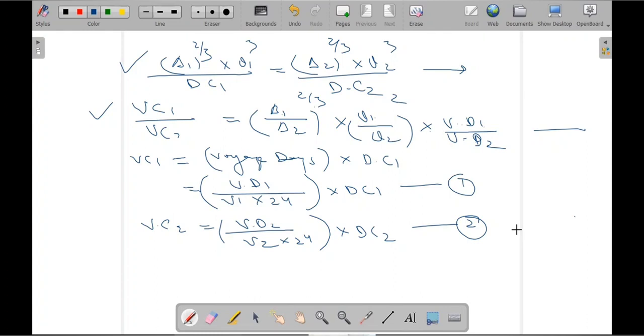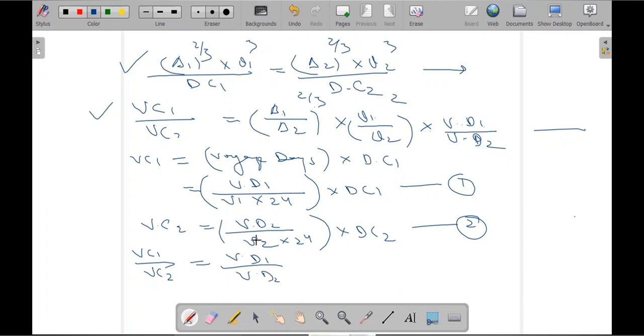So if I divide equation 1 by equation 2, I can write VC1 over VC2 is equal to, this is VC1, this is VC2. So voyage distance 1 and voyage distance 2, I can write together voyage distance 1 divided by voyage distance 2.